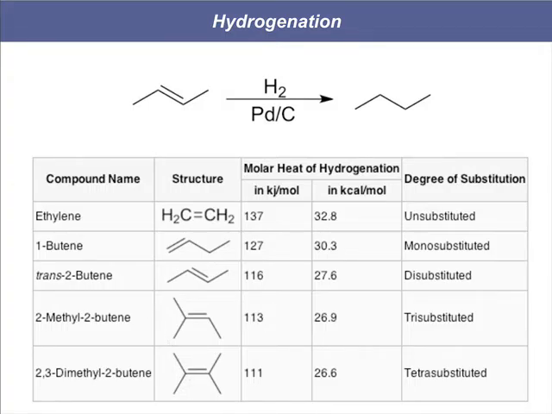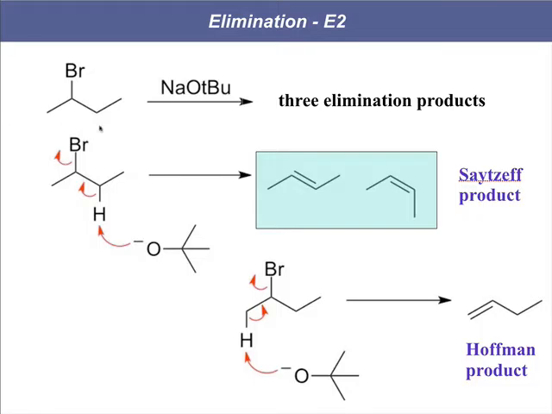If you look at Zaitsev's rule, these double bonds, the Zaitsev products, are di-substituted. Each double bond here has one substituent on it. This double bond has one there, a methyl group there, and a methyl group there. Di-substituted. This one's also di-substituted, of course, methyl and methyl.